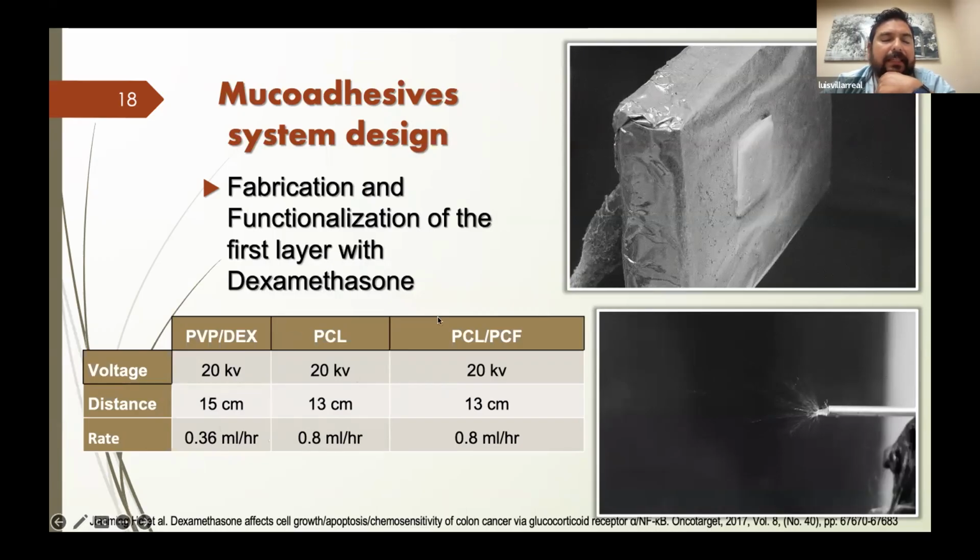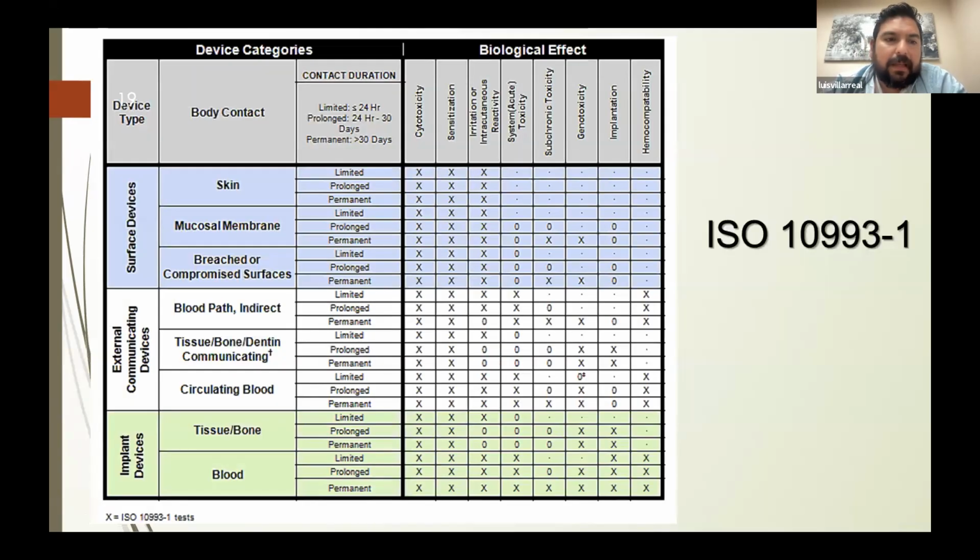When we were initially working, we screened these parameters. The first time I set up the system, I did not get fibers. So I needed to screen different voltages, distances, and rates in order to get the best fiber morphology.